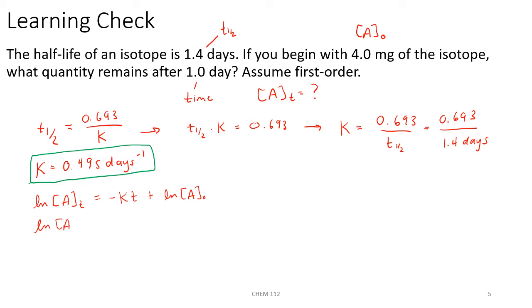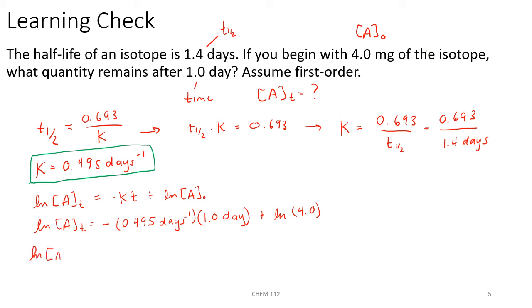So ln of A sub t will equal negative, plug in our K value we just found, 0.495 days to the minus 1, times our time. Our time was also given to us in units of days, so we don't have to convert it. 1 day has passed, plus the ln of our original amount, which was 4 milligrams. So we'll plug in 4 for our A sub 0.